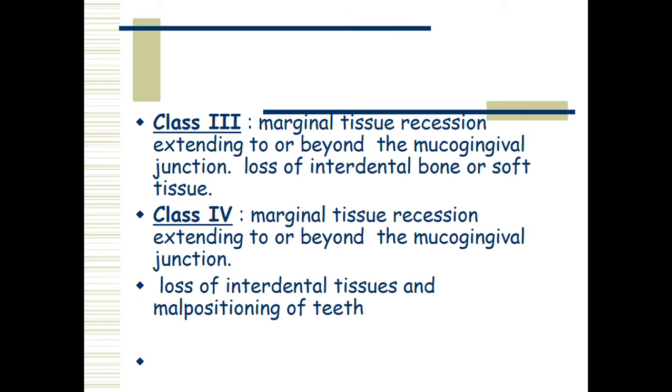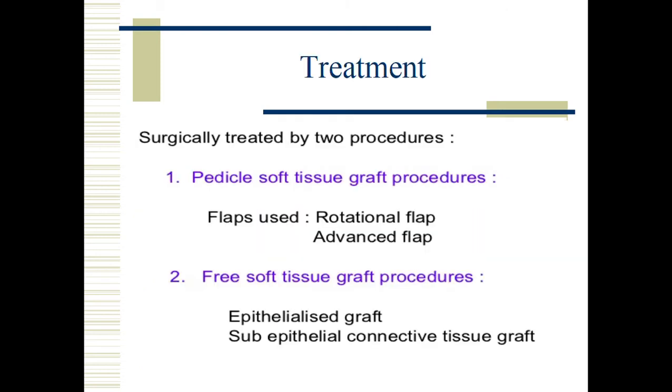Class 3: marginal tissue recession extending to or beyond the mucogingival junction and loss of interdental bone and soft tissue is there. And class 4: marginal tissue recession extending to or beyond the mucogingival junction, loss of interdental tissues and malpositioning of teeth is there.